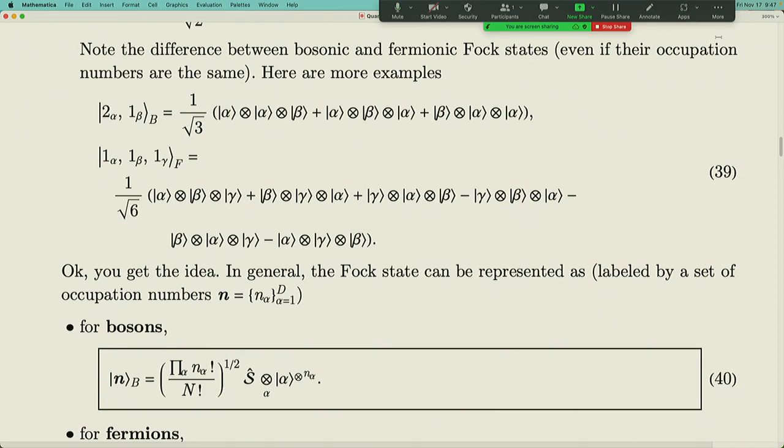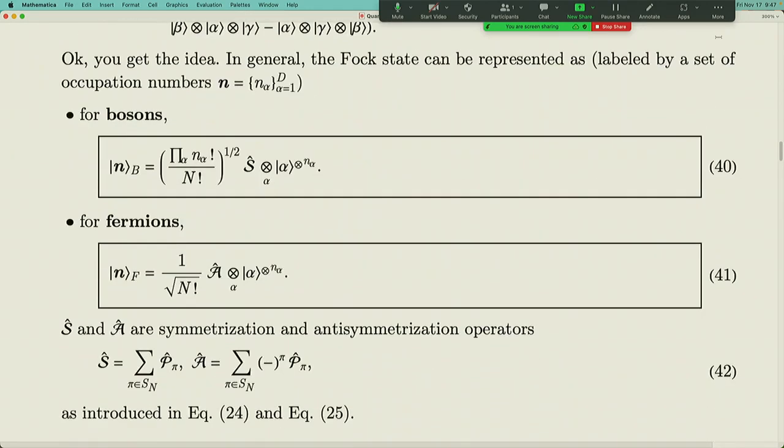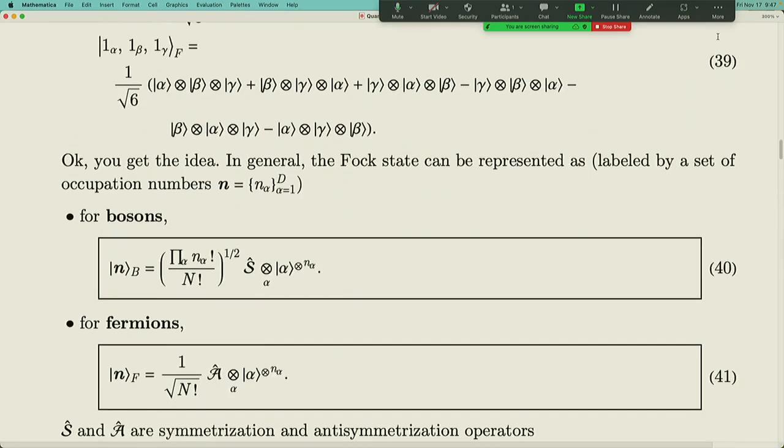So, okay, with those discussions, I think I can conclude today's discussion. Basically we established how to represent the second quantized states in terms of particle number occupation basis. We can write down this basis in the bosonic space and fermionic space, which corresponds to this occupation basis, labeled by occupation numbers.